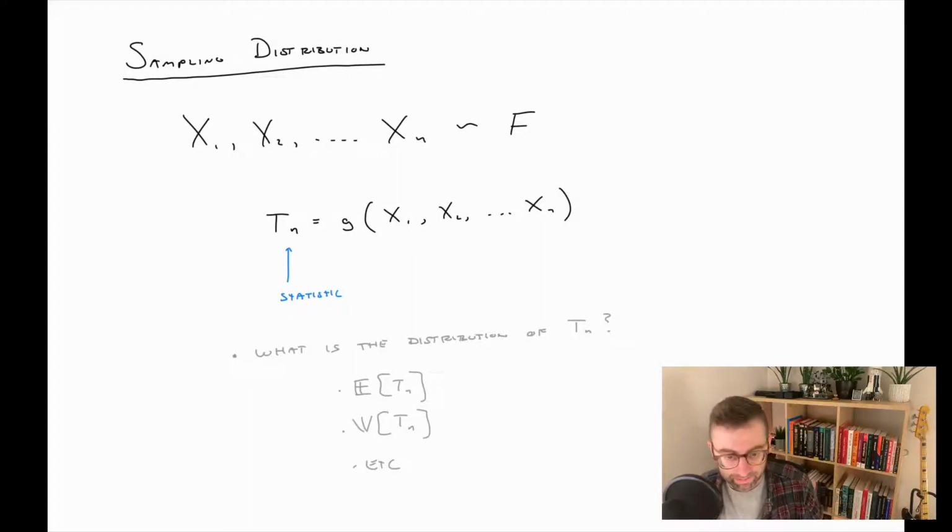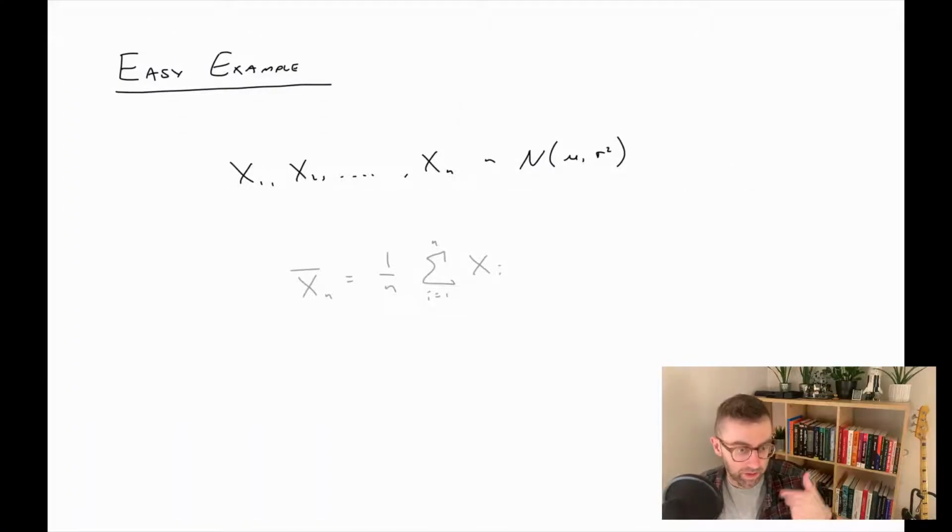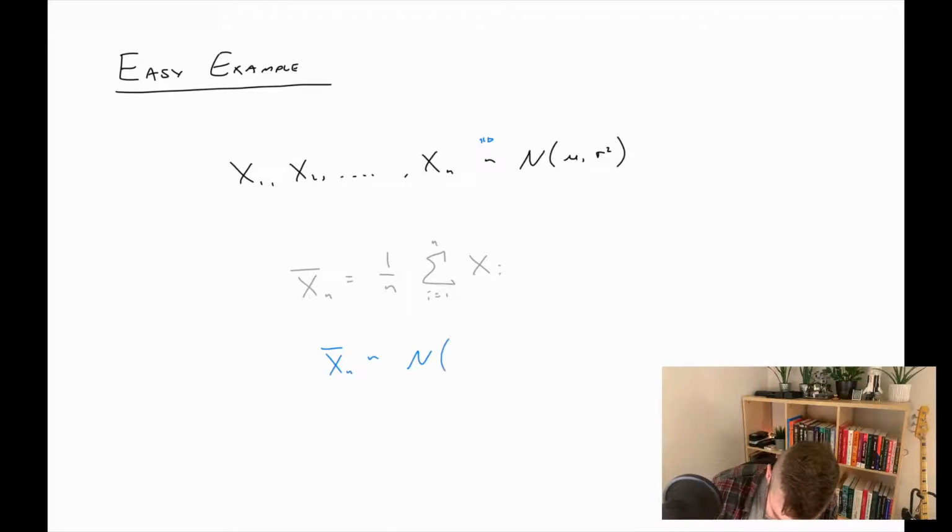So for example, here I have the most common setup and the most common statistic. Here we have x1 through xn that are IID. That's what this notation indicates. Normal random variables with mean mu and variance sigma squared. And then we'll look at our favorite statistic, the sample mean. So the question becomes, what is the distribution of the sample mean? And in this case, we actually know exactly what that distribution is.